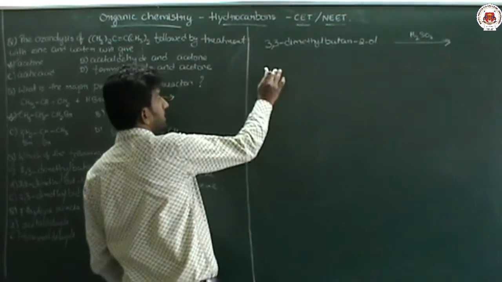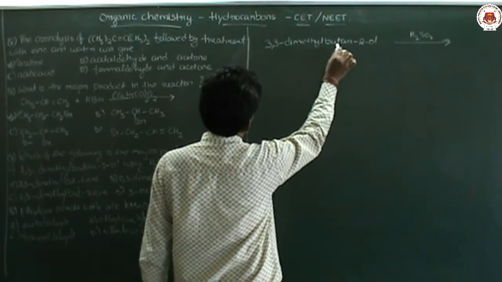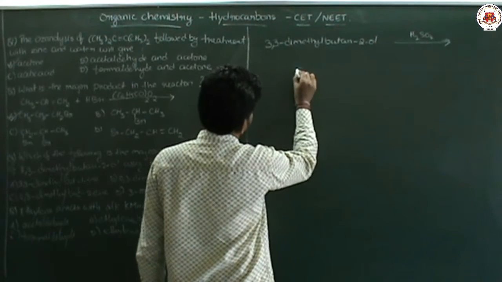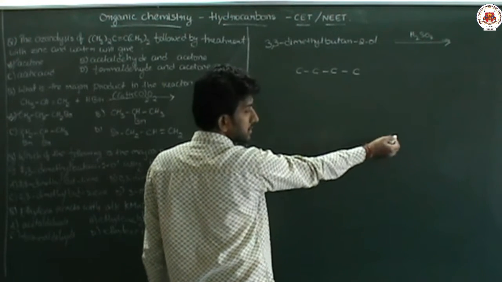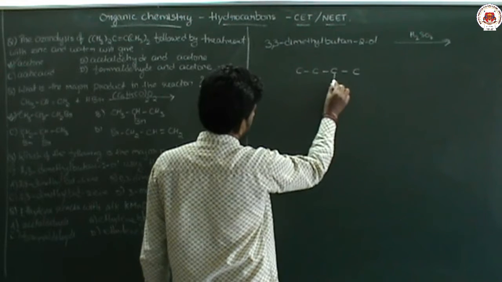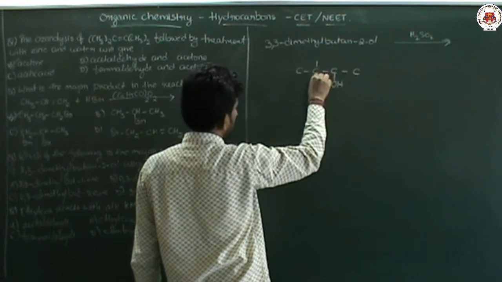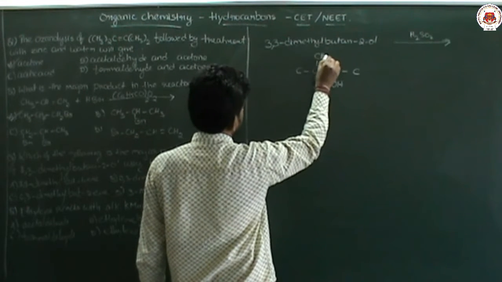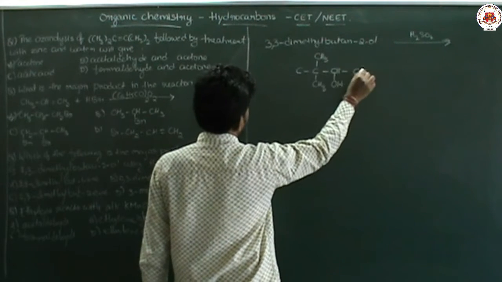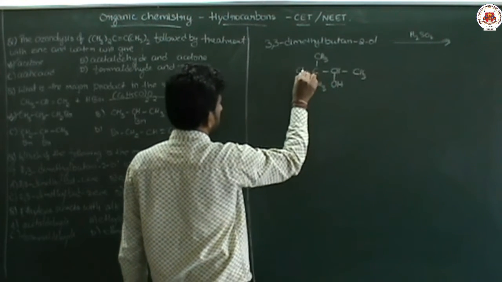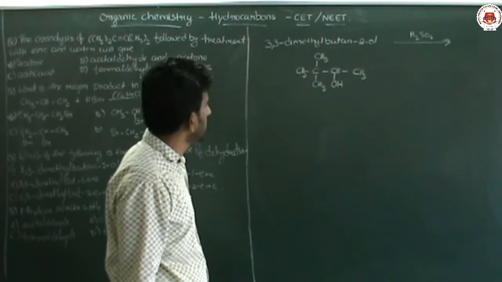Now, let's write the structure first, then we can remove the water. 3,3-dimethylbutan-2-ol. Butane means 4 carbons. At the second position, the alcohol is there. At the third position, 3,3-dimethyl, two methyl groups are there. Here you can fill up the remaining hydrogen atoms. Okay, this is the molecule.